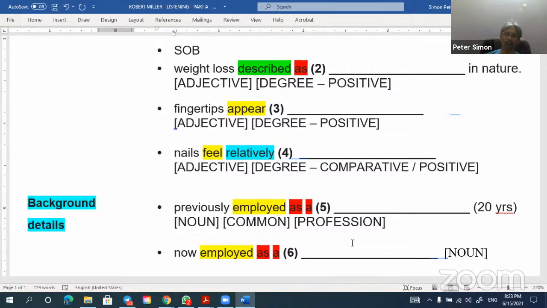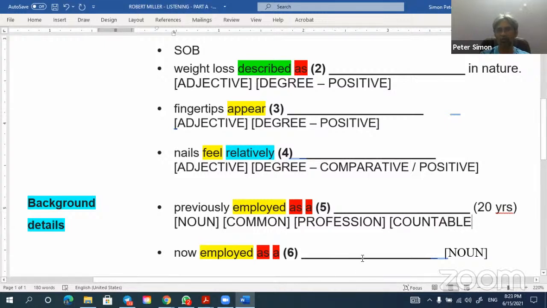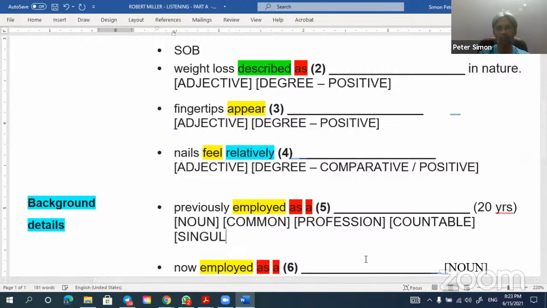Because A is there, it is a countable noun. Then the next one is number. The number is singular, because A is singular. Some, many, or few are plural. So this is singular number.